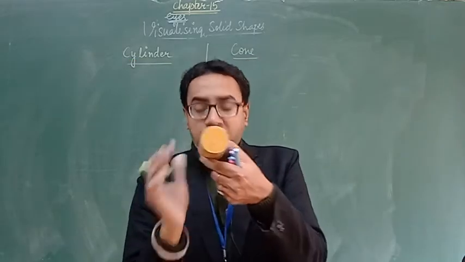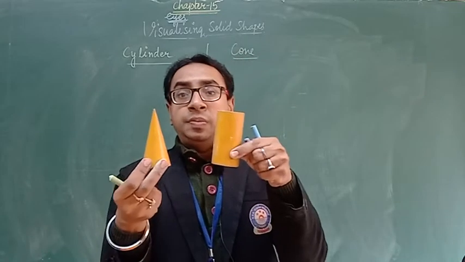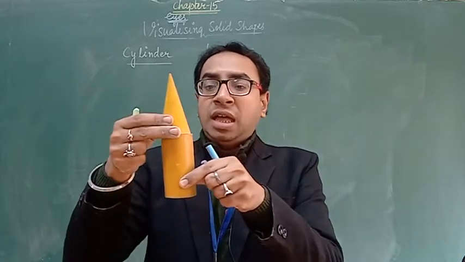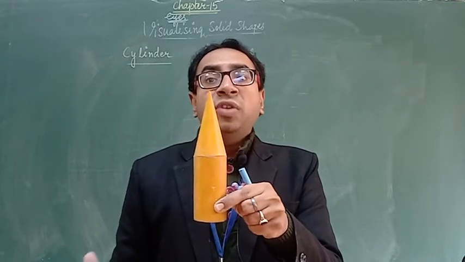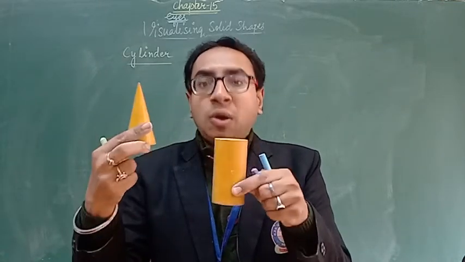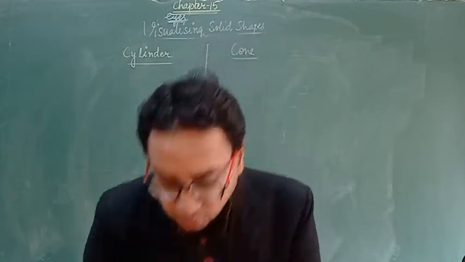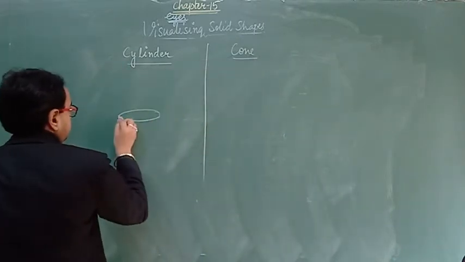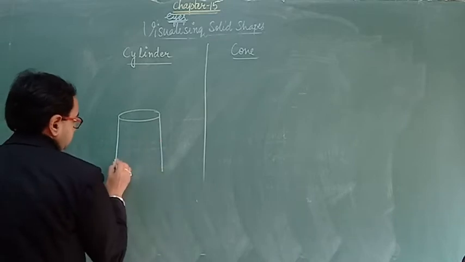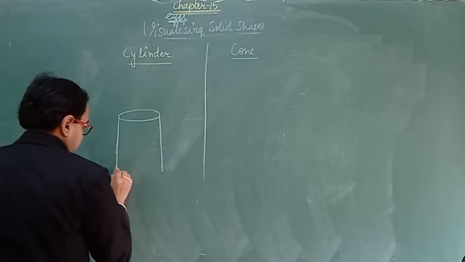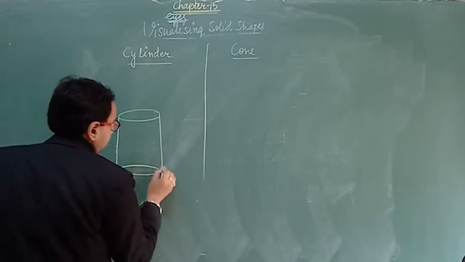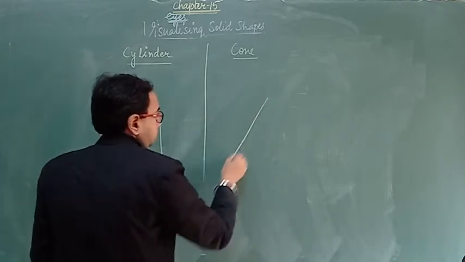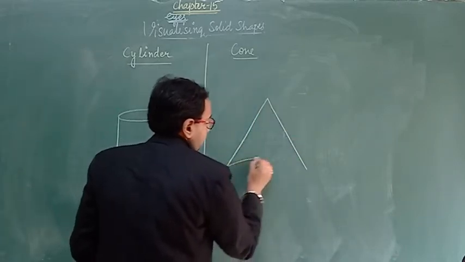This is a cylinder and this is a cone. What did we get? A hut. Yeah, we got a hut, right? Let's observe what I'm trying to conclude from this. Cylinder basically, this is a cylinder, this is a cone.